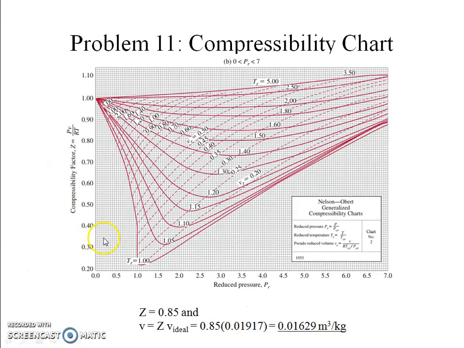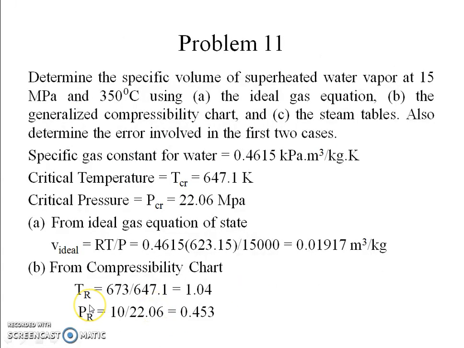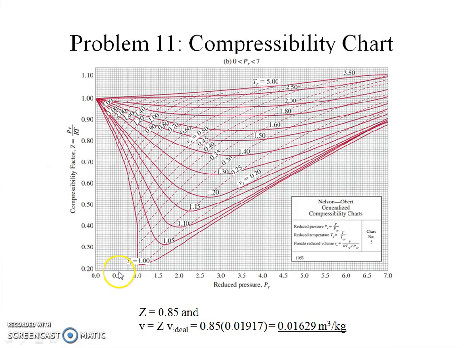Now I will go and locate these in this compressibility chart. First of all, let's fix the reduced temperature. This is for 1, this is for 1.05, 1.1. So these are for different reduced temperatures. Let's say 1.05 is the closest to our value. So I am going on this curve. Now I have to read the value of Z at reduced pressure equal to 0.453. So this is 0.5.